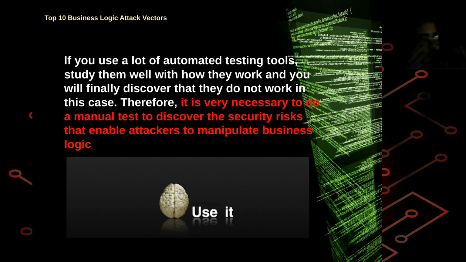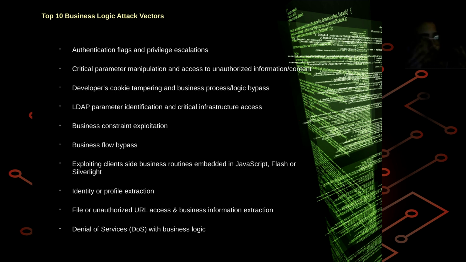So as you can see, there are the top 10 business logic attack vectors. All researchers should understand them and study them well. So this is the top 10 logical flaws.